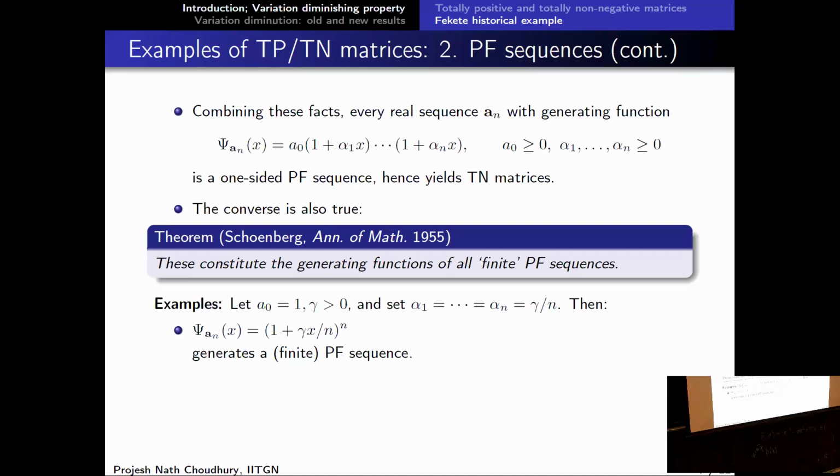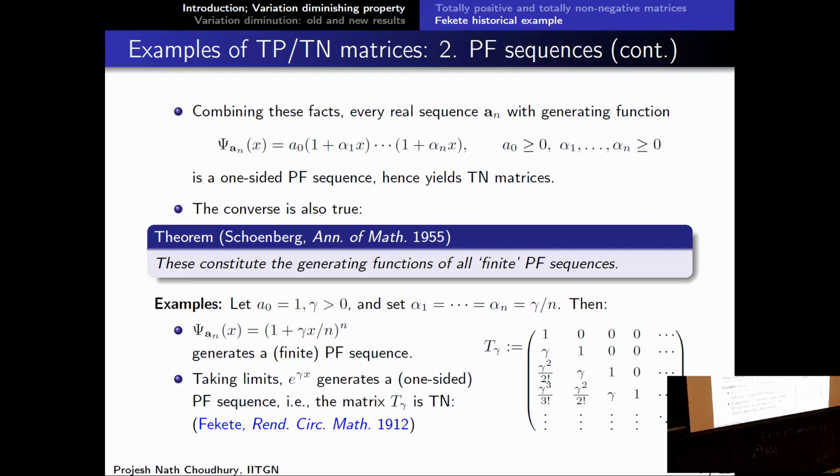The same thing holds for one-sided PF sequences and the coefficients of their corresponding generating functions. If you take the limit of this function, we get an infinite one-sided PF sequence, and the corresponding Toeplitz matrices are totally non-negative. This was proved by Fekete, much before the Schoenberg result.